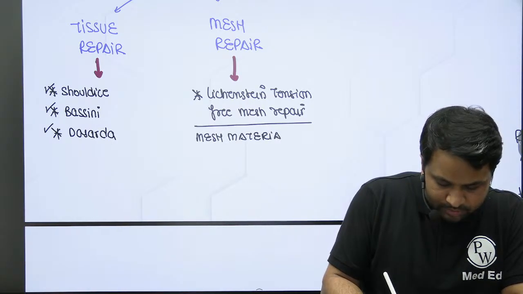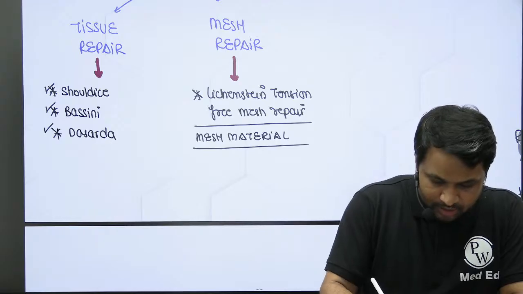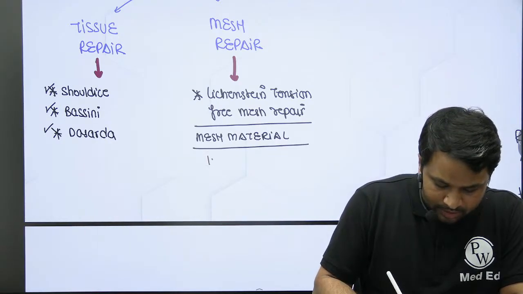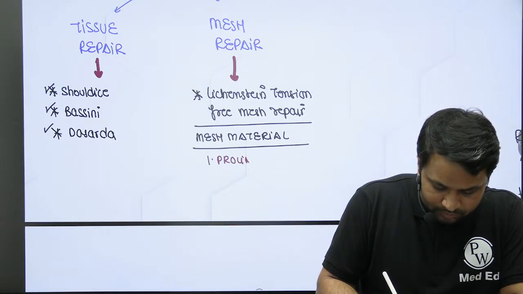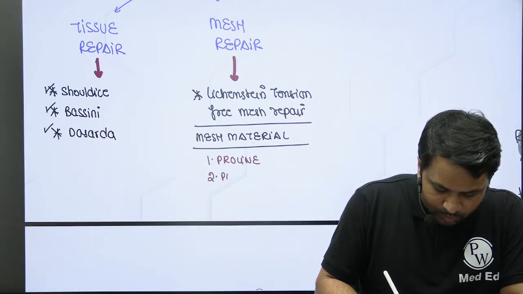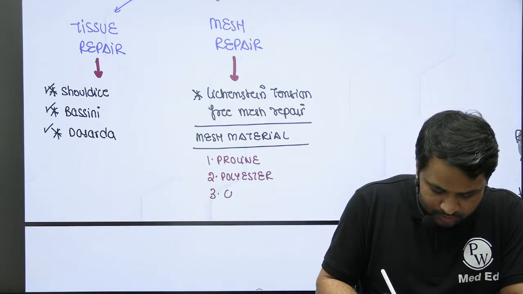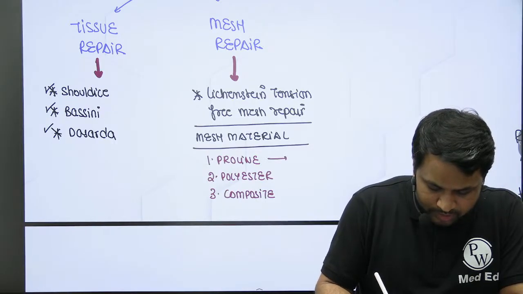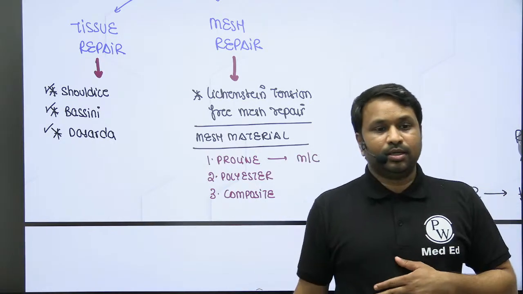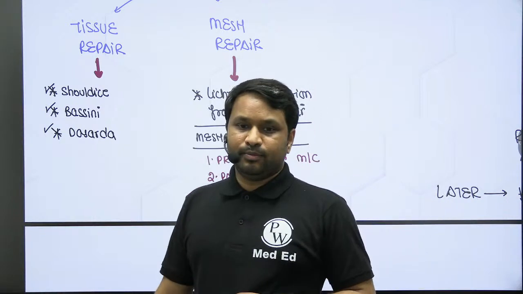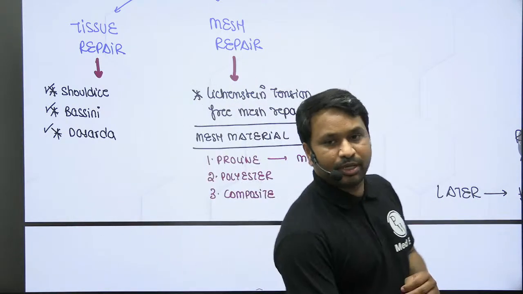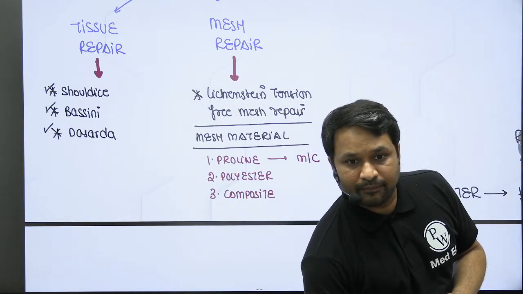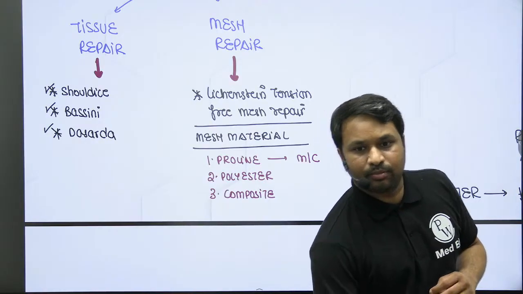When you are using a mesh, the material is important. The commonly used materials: number one is Prolene, number two is polyester, and there is also composite mesh. The most commonly used material is going to be Prolene.